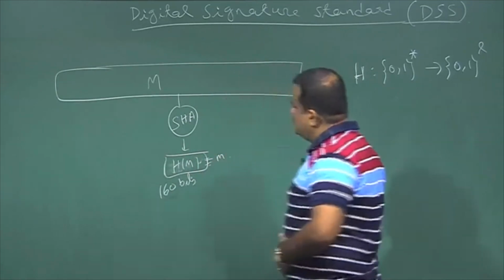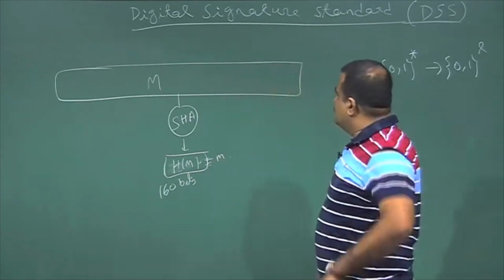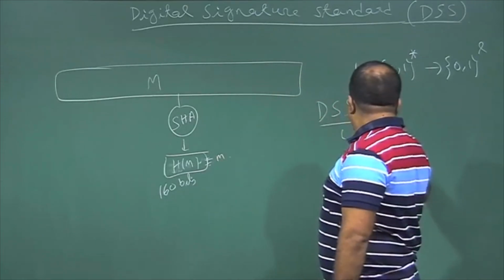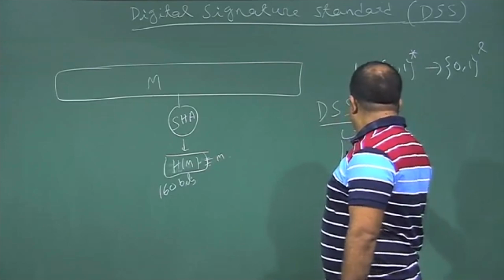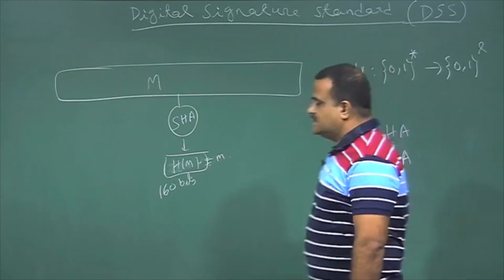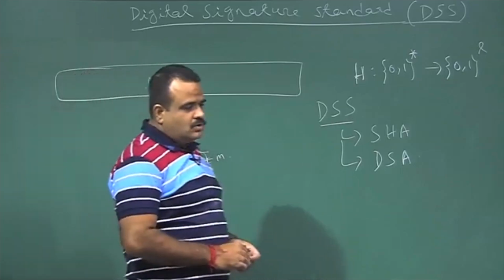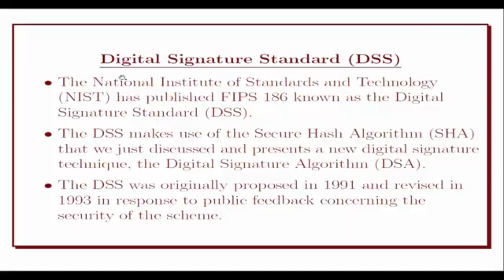So DSS basically uses SHA and DSA, the digital signature algorithm. We will define what the digital signature algorithm is. NIST published this DSS in 1991. The first version was proposed then and it was revised again in 1993.